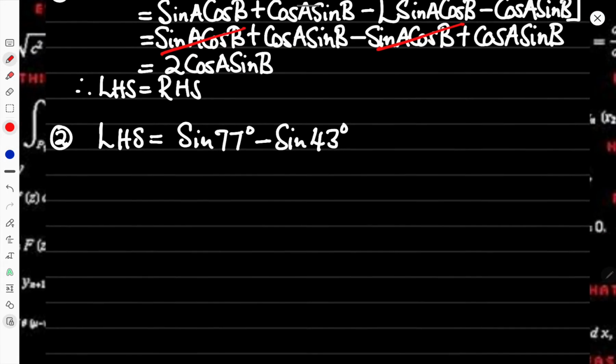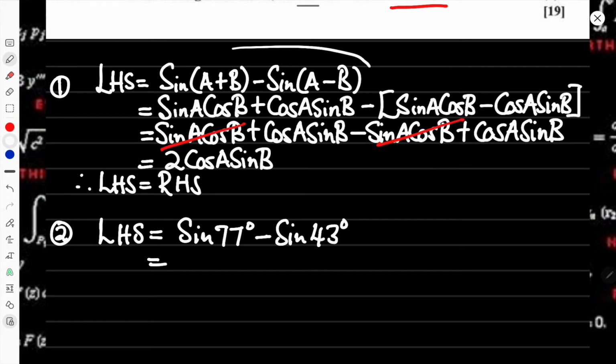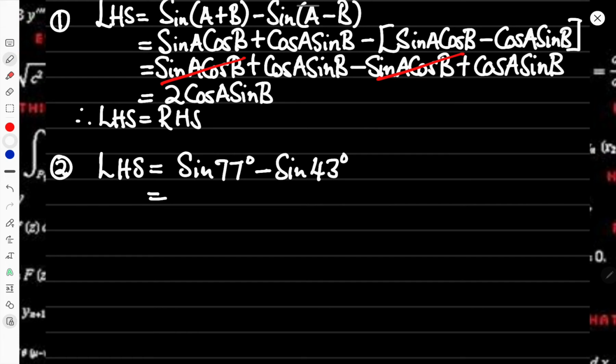So to do so we can change this using this fact here. We'll have to change sine 77 to sine of 60 plus 17. That will be your a plus b, minus your a minus b as sine of 60 minus 17.